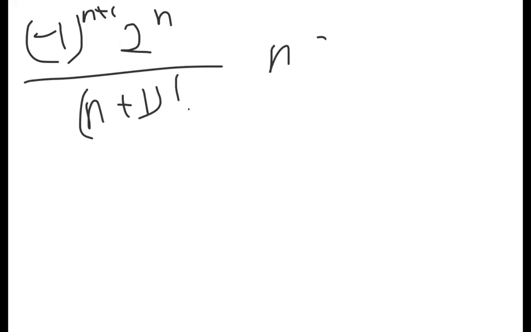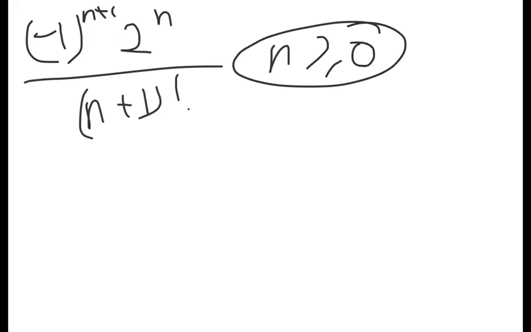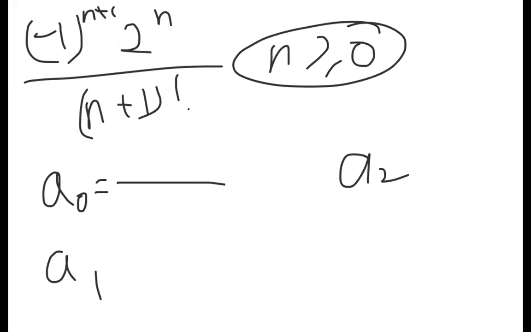So if you start from 0, you have A0, A1, A2 for the first 3 terms. For A0, you just plug in n equal to 0.